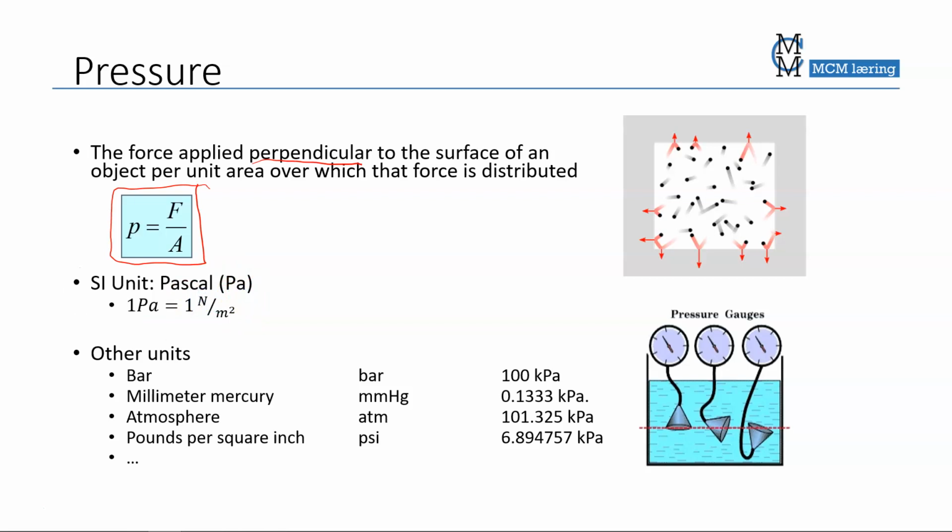Other units for pressure: you have bar, which is 100 kilopascals, which is very closely related to the atmospheric pressure at sea level, which is 101 kilopascals. So the bar unit is very close to the atmospheric, and that's why you have the unit.